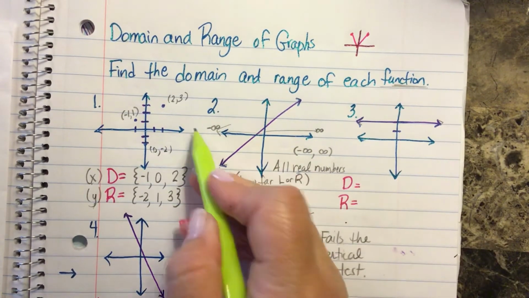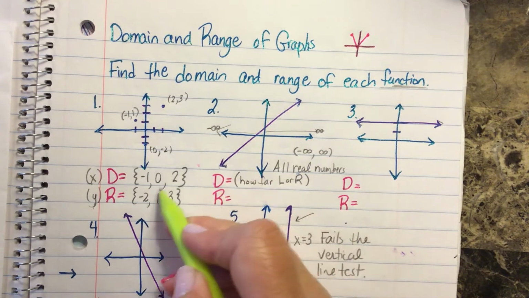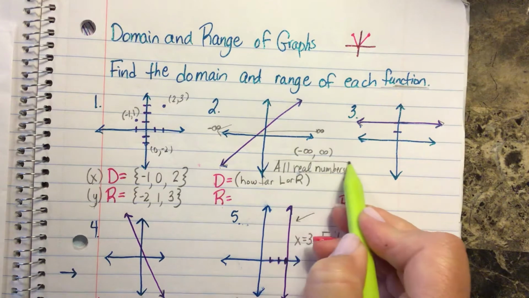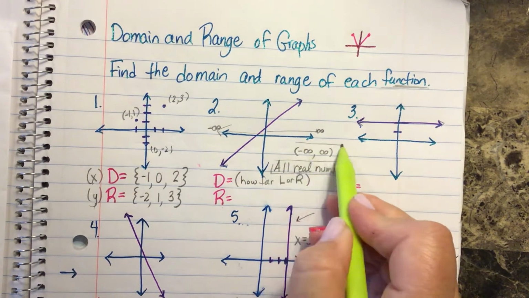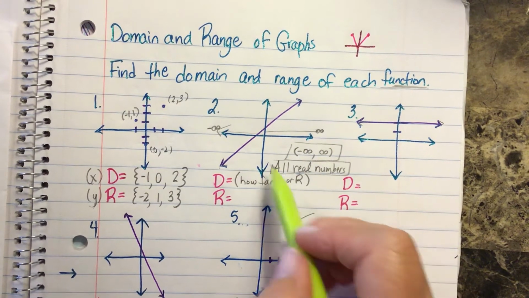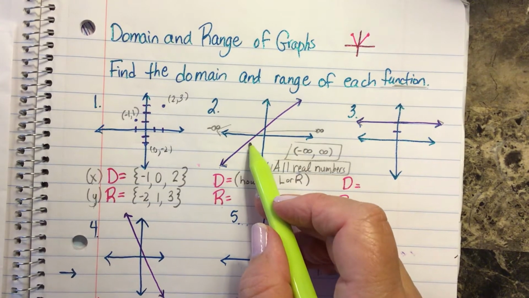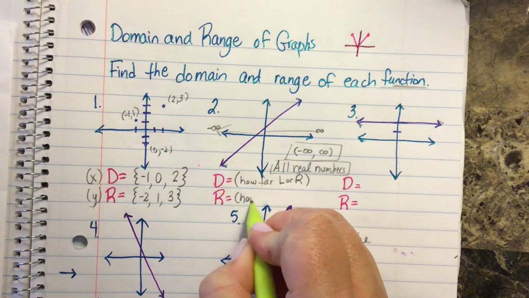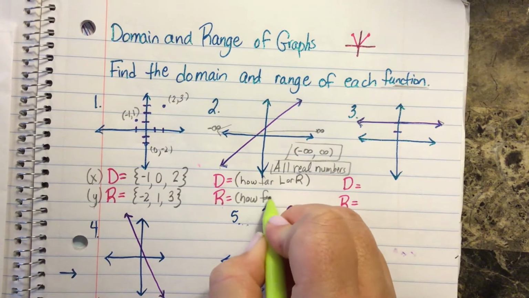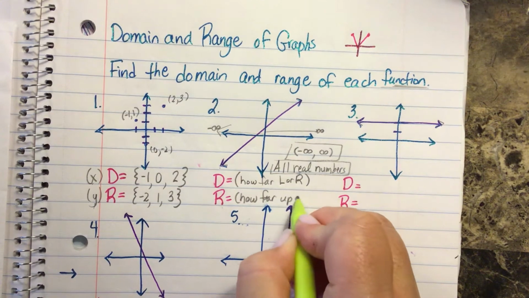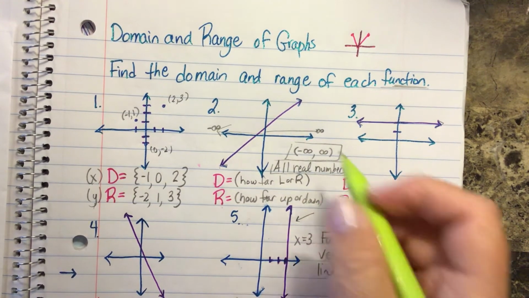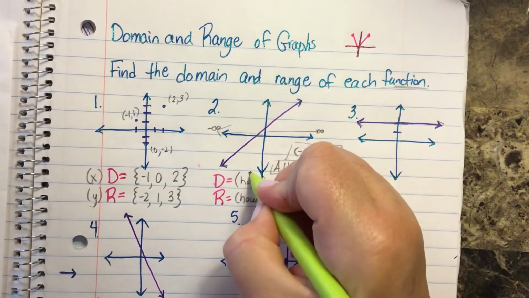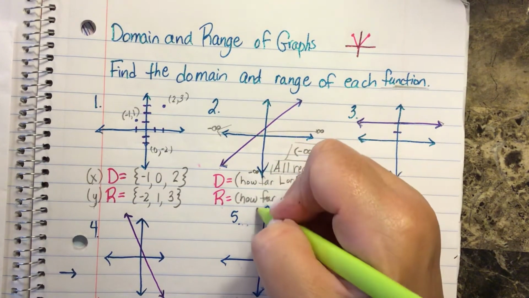So how far to the left is this graph going? It's going forever to the left. It's going forever to the right. Either one of these is acceptable for the domain of a line with positive slope. Let's look at range. Range is how far up or down the graph goes. Remember, this is just a number line. This is -infinity, going forever down.